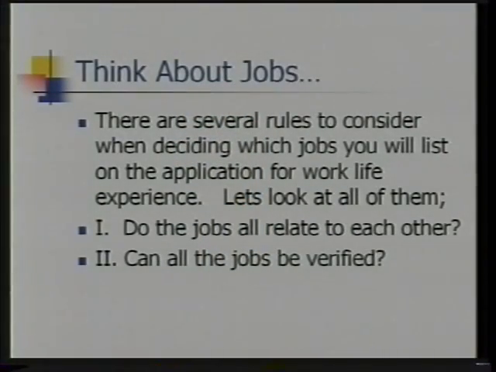No, it does not. You want to look at all of these jobs and you want to pick the best jobs that you have, and you want jobs that relate to each other. Don't list on your application a bunch of jobs that do not relate, and they're going to be clustered on an umbrella.